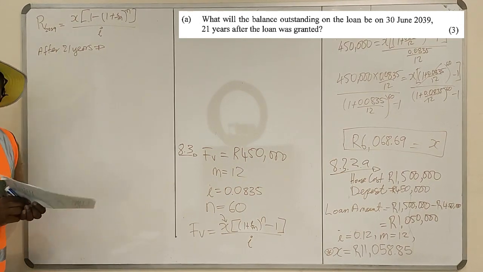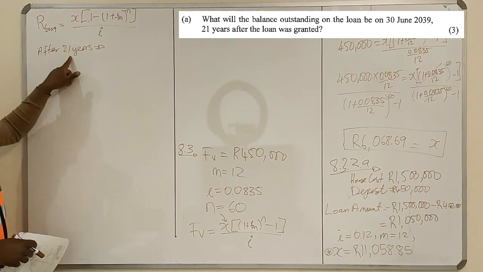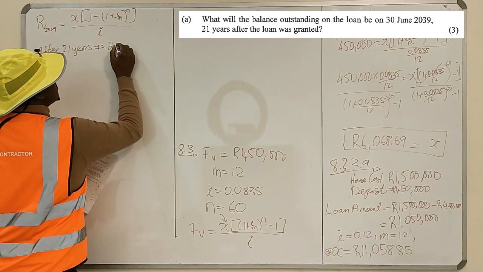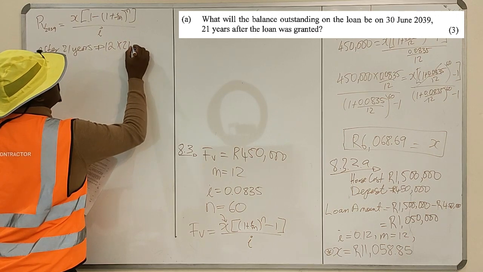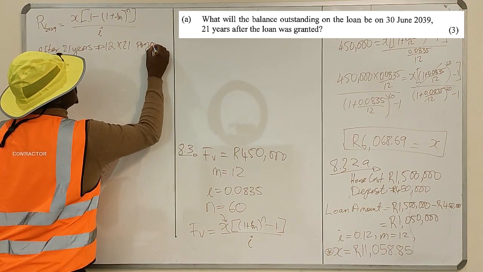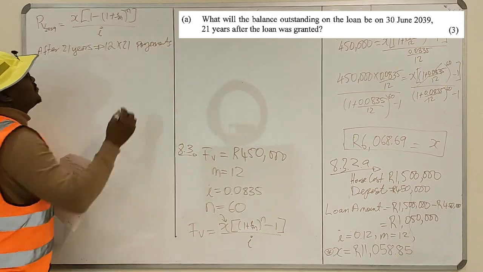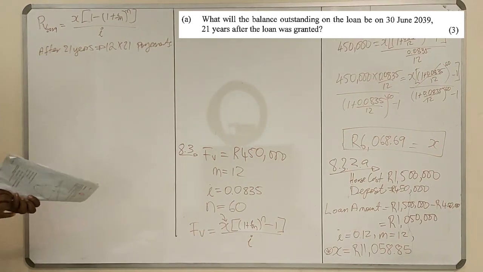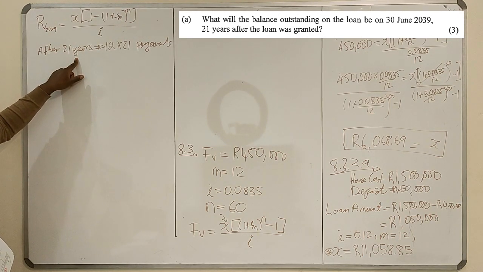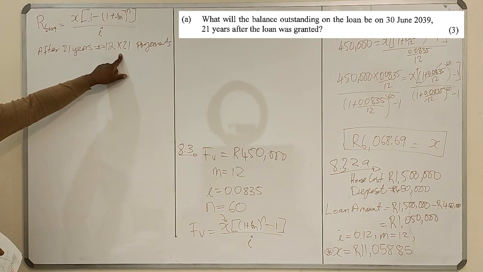So each year he makes 12 payments. So 12 times 21 payments were made after 21 years. Which means after 21 years, our friend will have made these payments into the account.